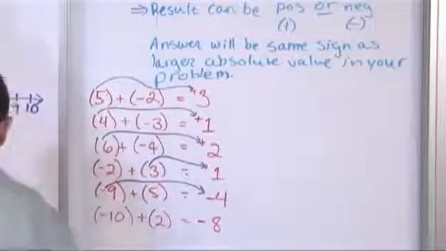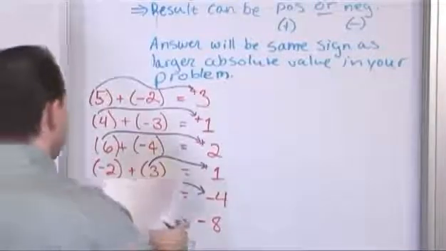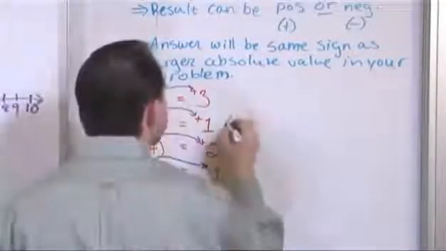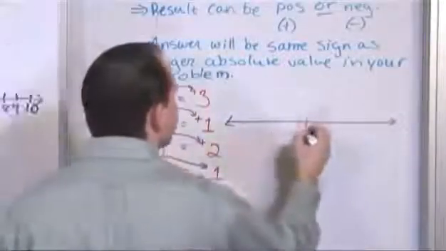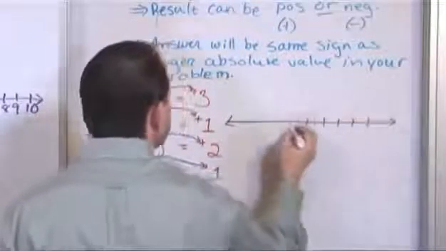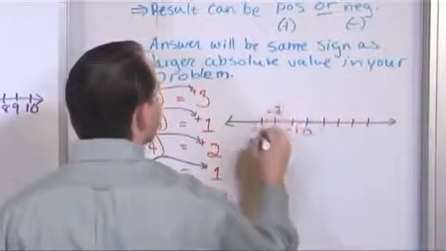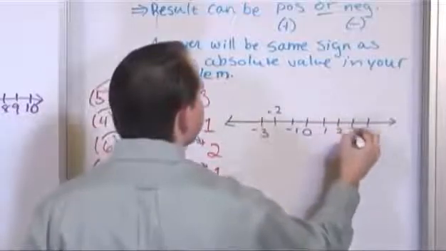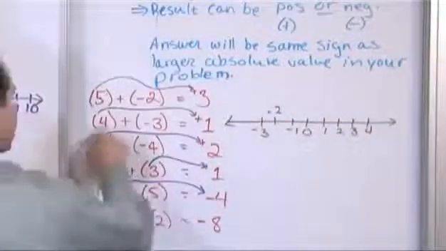Now, if you represented this on a number line, just to do a couple of quick ones, you would have a number line here, and this would be 0, 1, 2, 3, 4, negative 1, negative 2, negative 3. So you always start, just to make it easy and consistent, with the first number.